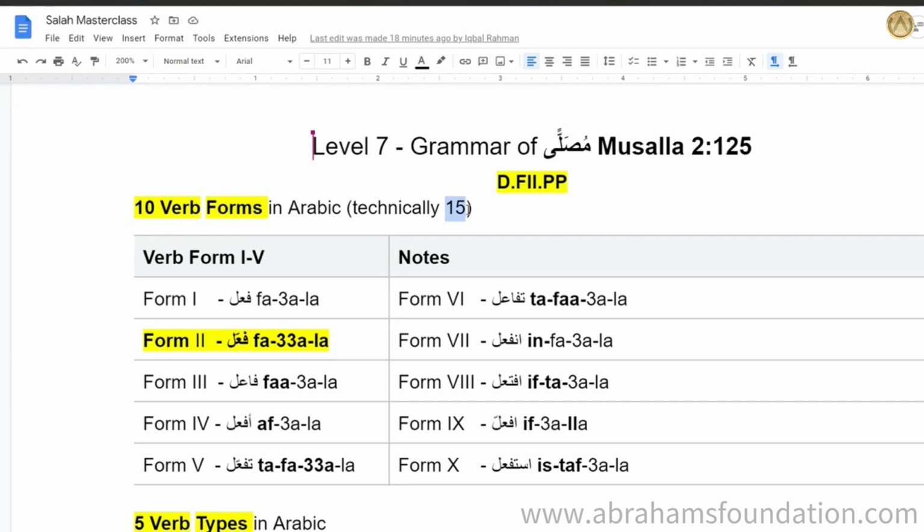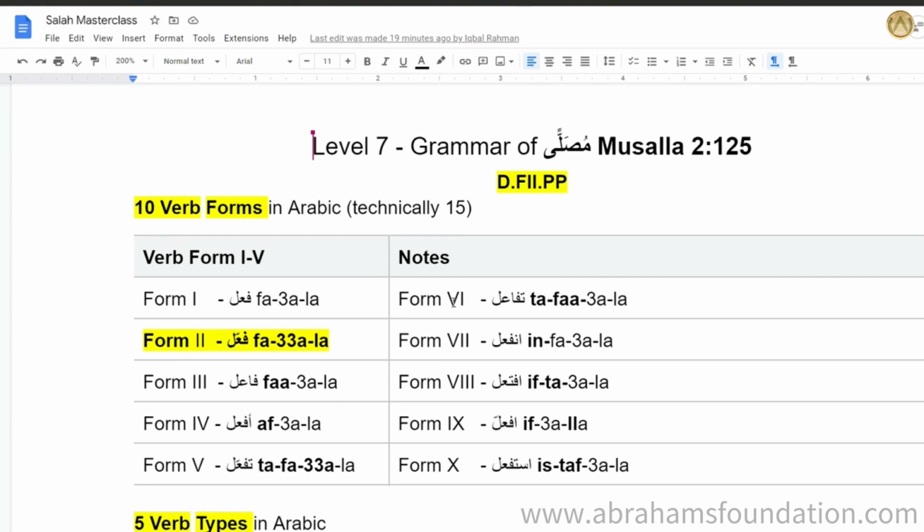Just no one uses forms 11, 12, 13, 14, 15 when they talk or write a book, or ever really. In the Quran, there are 2 instances of a form 12, but that's it. You will never hear form 13, because there's no point, because no one talks that complicated.